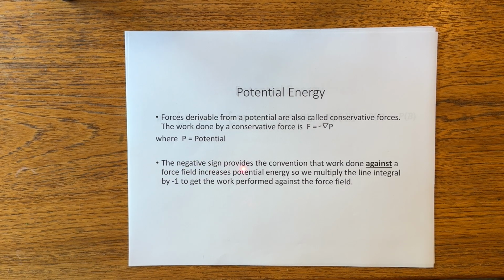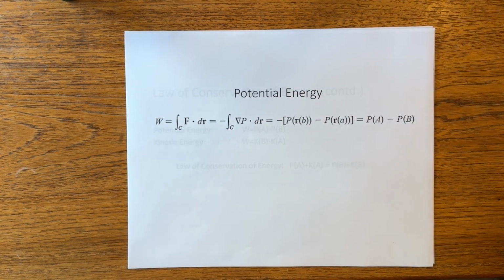The negative sign provides the convention that the work done against the force field increases the potential energy. So we multiply the line integral by -1 to get the work performed against the force field. So that's why we have this. By convention, force is equal to the negative gradient of the potential.